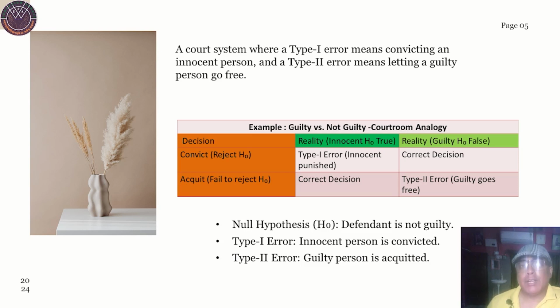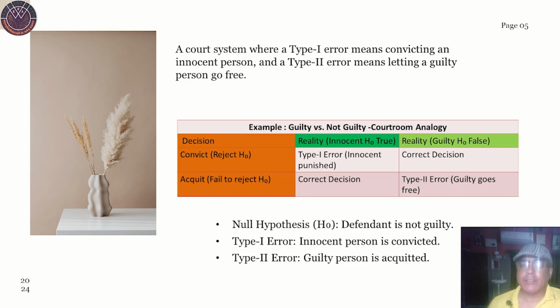So our null hypothesis in this case will be that the person is not guilty. I think you can understand that whenever a case is raised against a person, the court or the system says that he is not guilty. So that is our null hypothesis: the person is not guilty, or he is innocent.